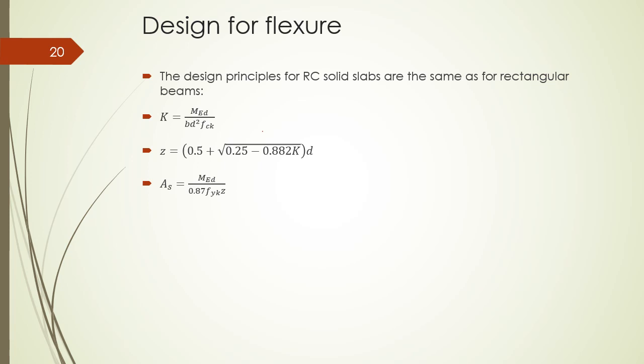Then they will calculate the area of steel required, which is M_Ed over 0.87 fyk multiplied by Z. In this case, b is taken as 1 meter because we were using 1 meter strips, and d is estimated as usual.